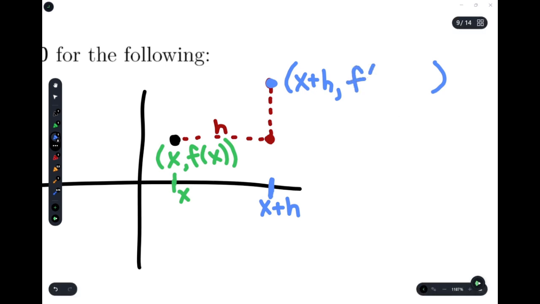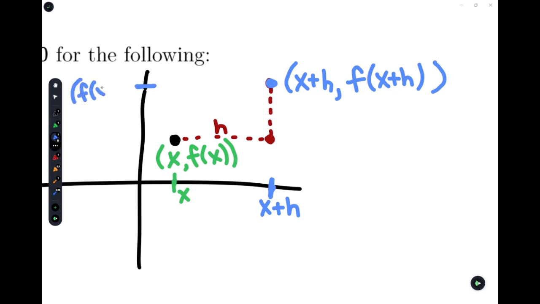It's close. It's f of... No, because that's the x value, right? And that's the y value right there. So the y value there is f of x plus h, right? And the y value on that green dot was regular f of x.